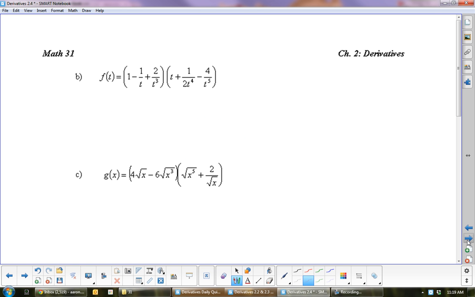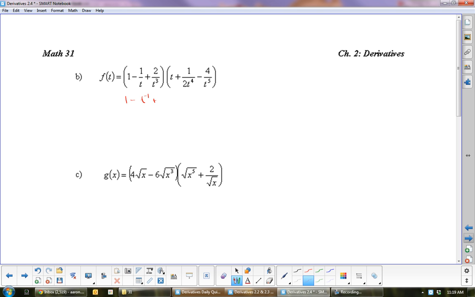Now, this one we're going to be nice and we're not going to simplify. So probably the best way to always do this, I think, is to get all your exponents to fractions. So I would rewrite this as 1 minus t to the negative 1. No, I'm not doing the derivative yet, I'm just rewriting it.